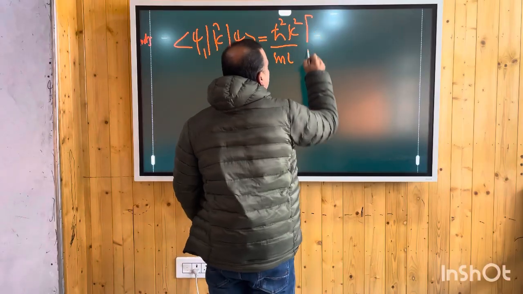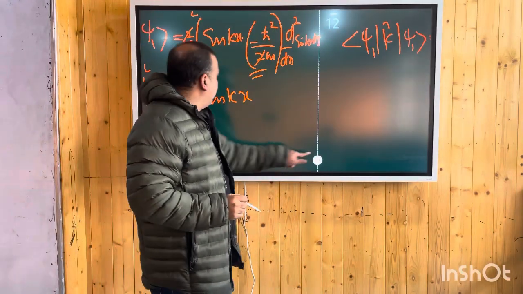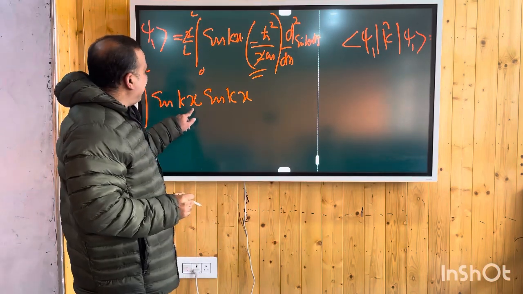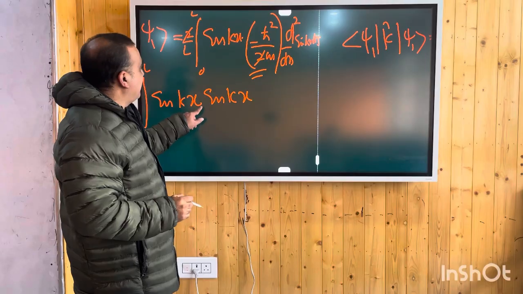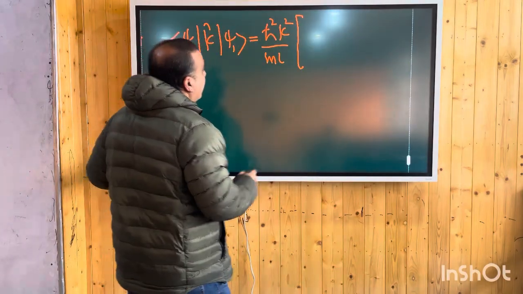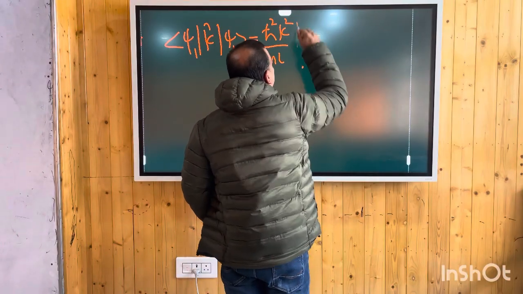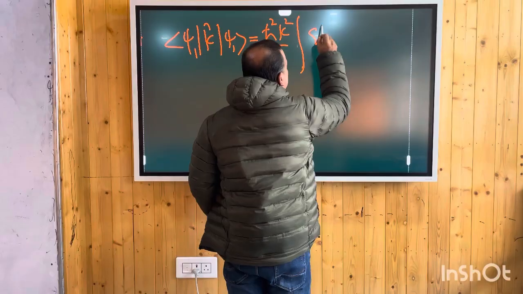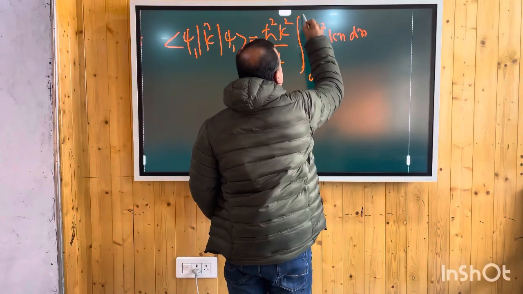Then you will have this is twice sine theta. It is sine square theta. So this will be the integral of sine square kx dx running from 0 to L.